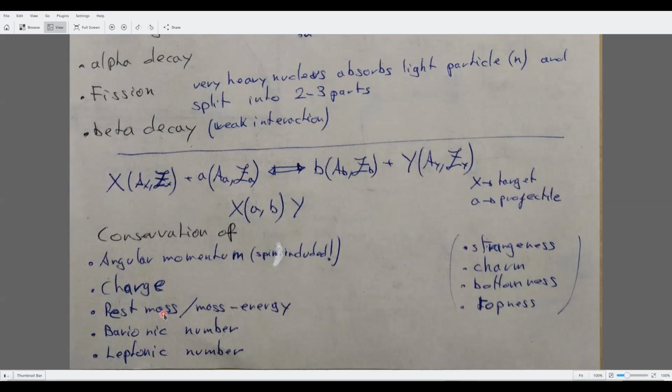Remember that there is conservation of charge, baryonic number, and leptonic number. Usually the conservation of spin comes along because it's the same in concept.